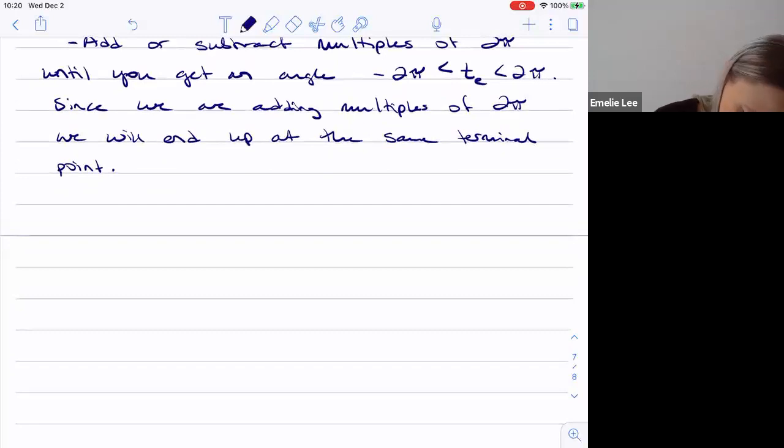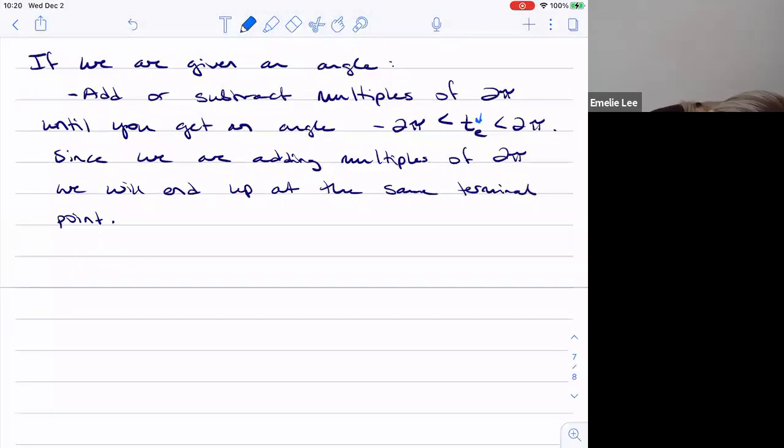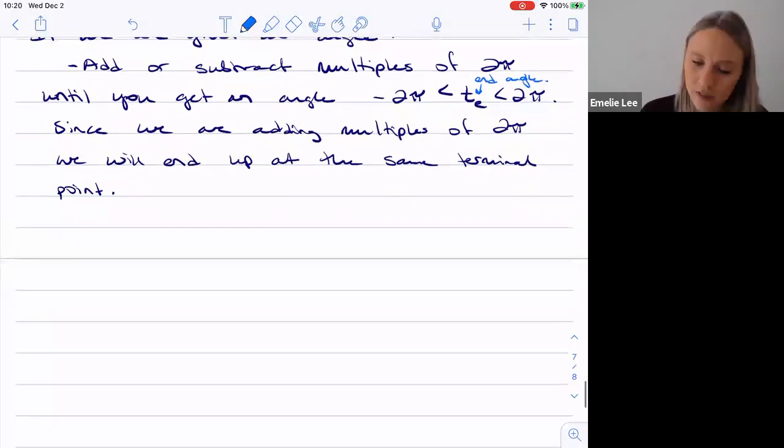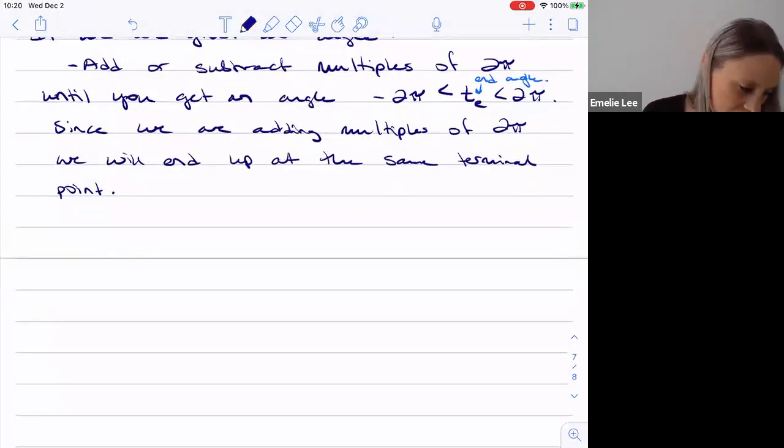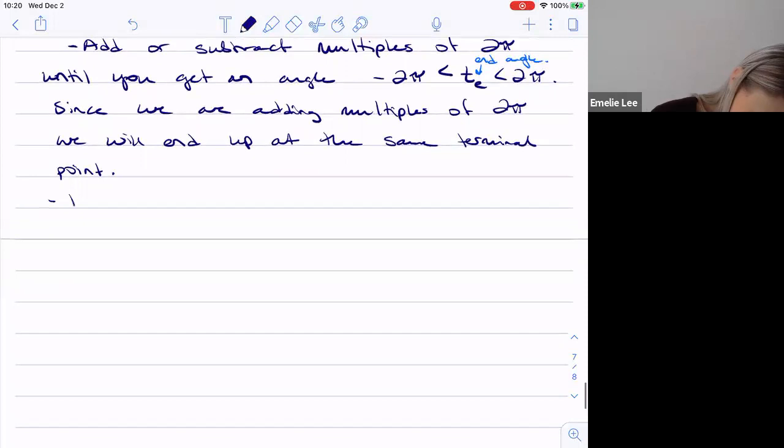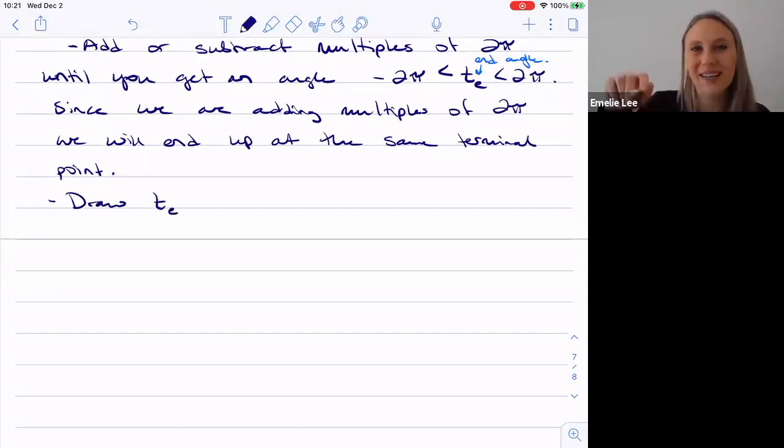Okay. So here I'll say end angle, whatever the boiled down angle is. So then you're going to draw that boiled down angle on the XY plane.